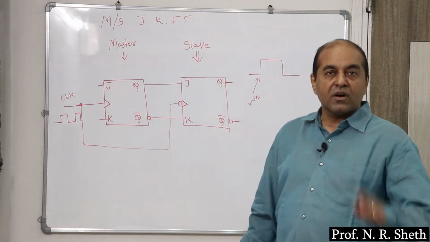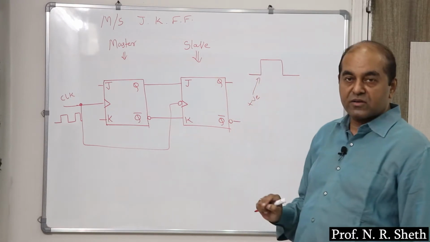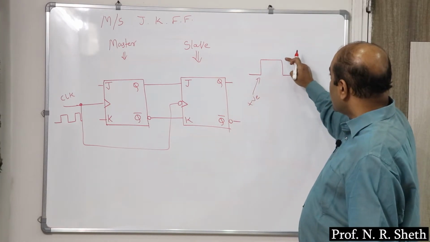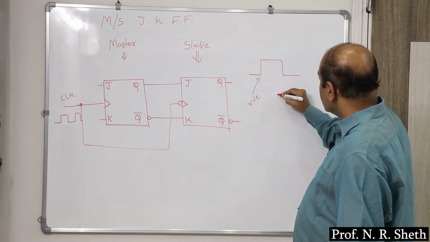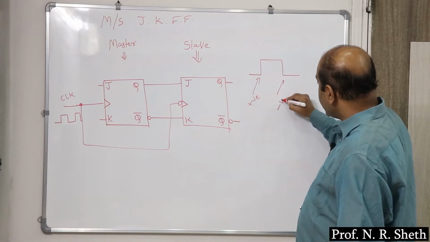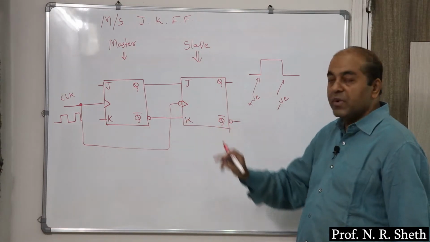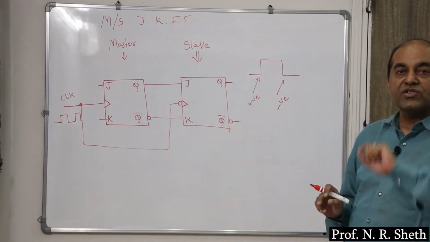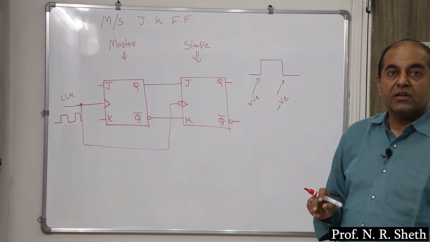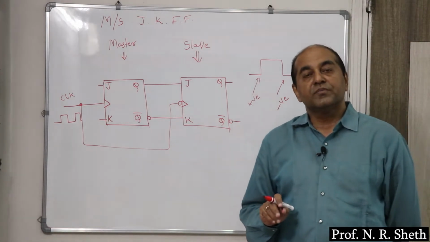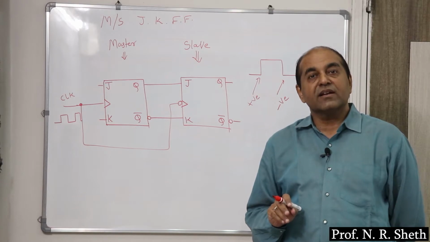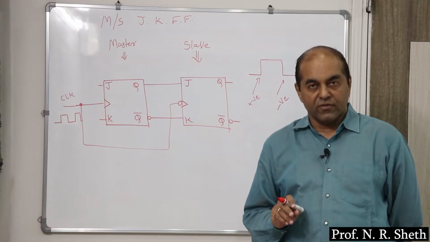So, master works in this part. This part, 1 to 0, is said to be negative transition. This bubble shows it is negative edge triggered. That part also we have discussed in the function of preset and clear of D flip-flop.